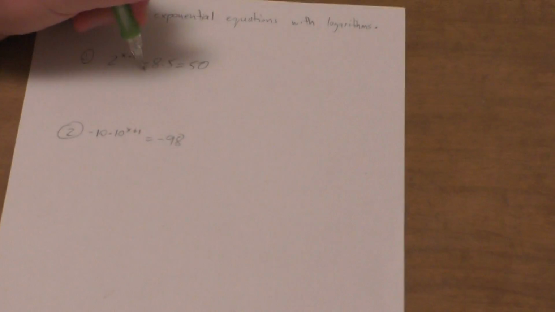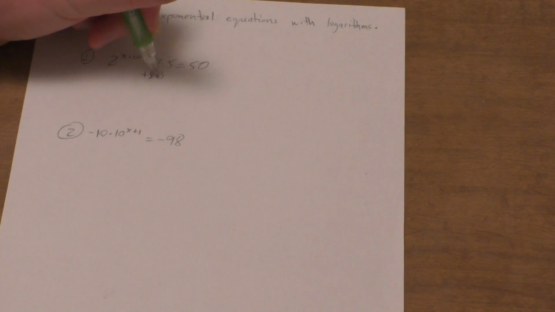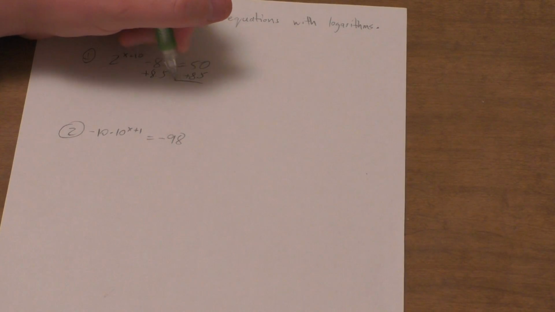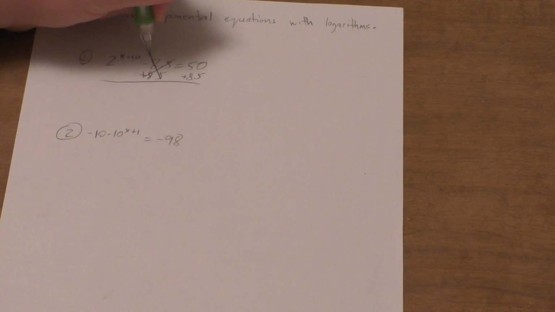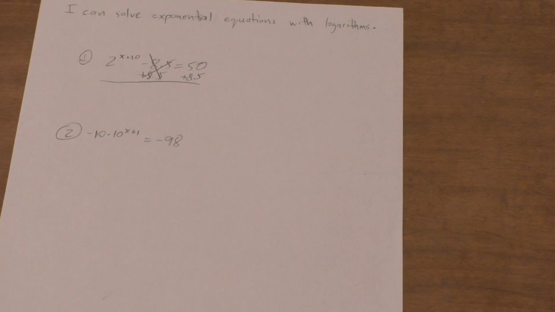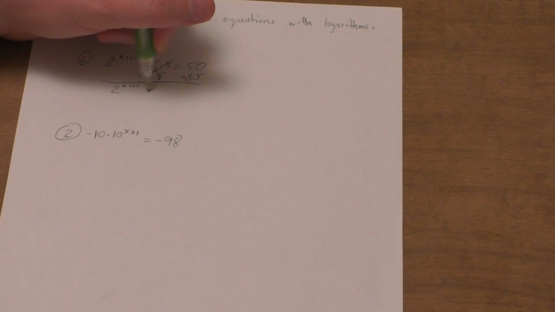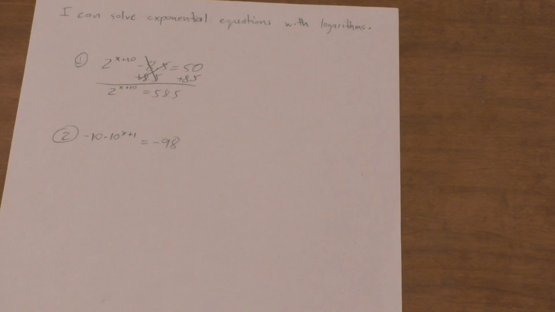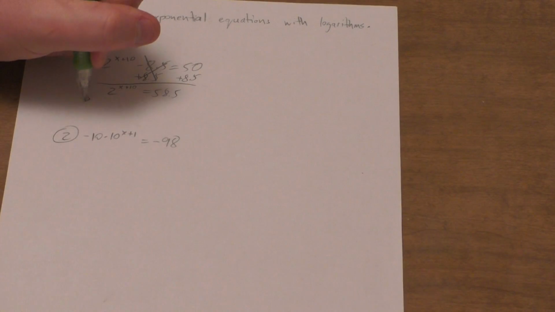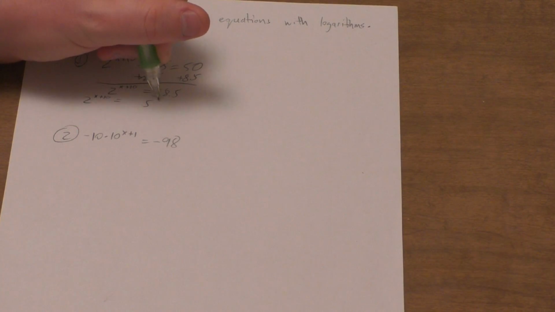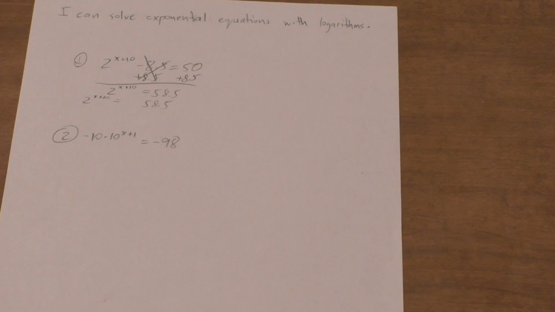So the first thing I'm going to do is add 8.5 to both sides. Those cancel. I'm left with 2 raised to the x plus 10 equals 58.5. Now, let me rewrite this with just a little more room. You'll see why I need some room in a second.